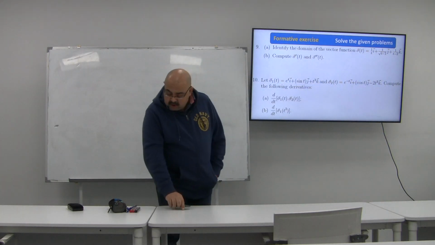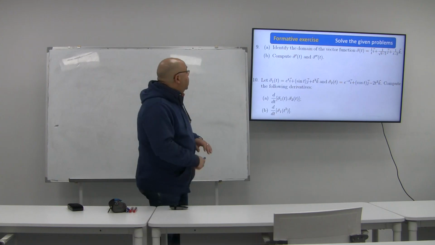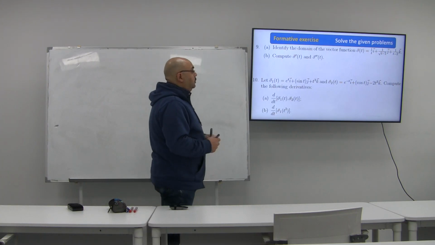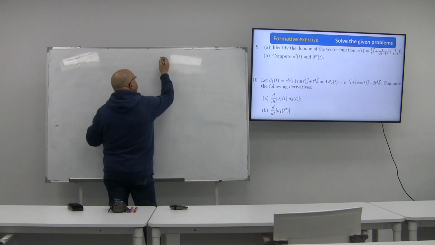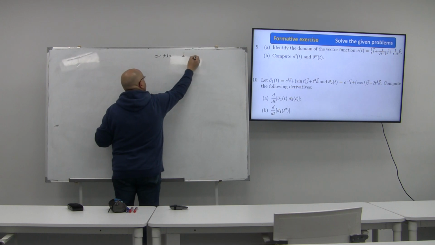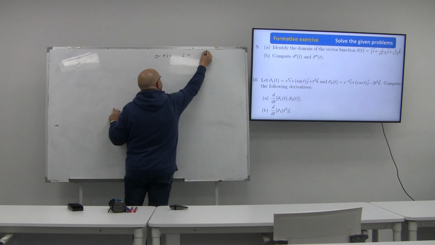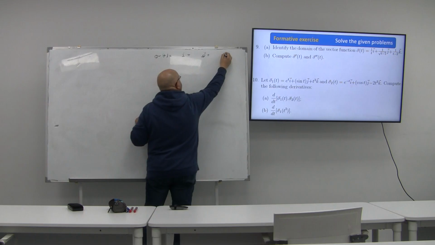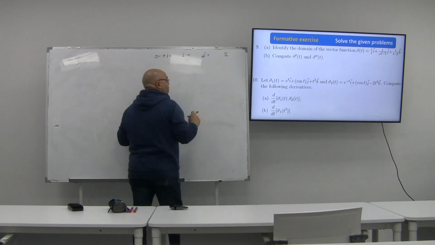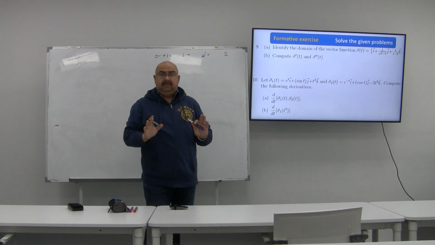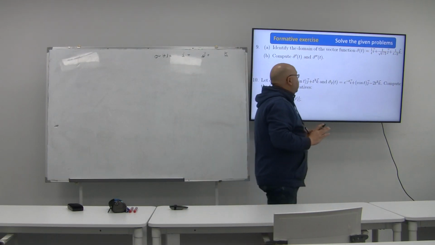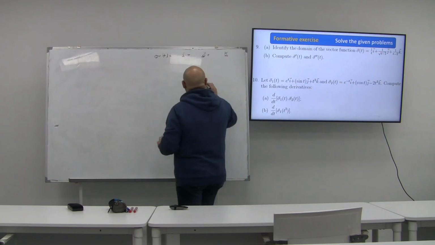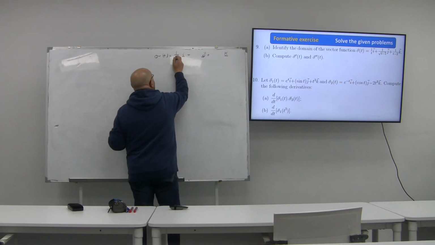If I want to solve the first problem, it's really very easy. In order to determine the domain of rho of t, as you can see, rho of t consists of a component in the i direction, plus a component in the j direction, plus a component in the k direction. All the components must be satisfied and the conditions have to be well taken care of. So the first component is simply 1 over t.